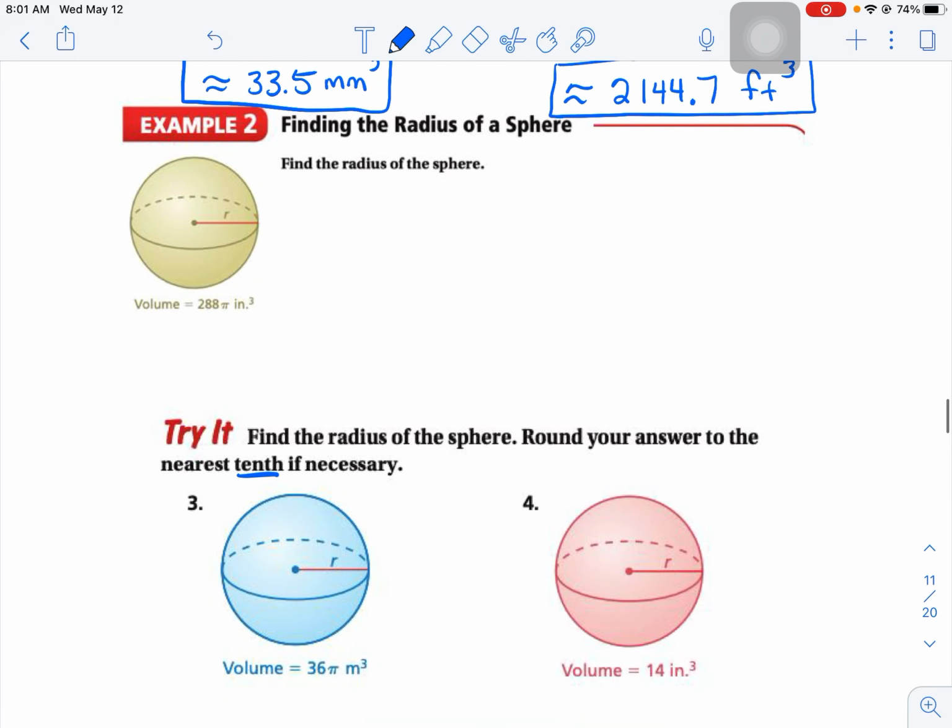All right, for example 2, now we're going to work backwards to solve for a missing radius. So here they gave me the volume was 288 pi. So I get 288 pi equals 4/3 pi r cubed.